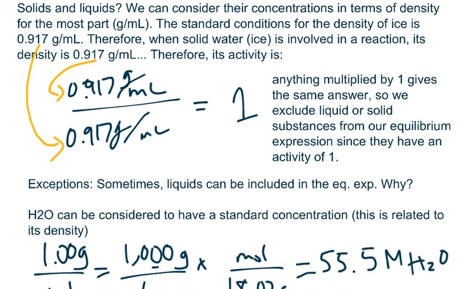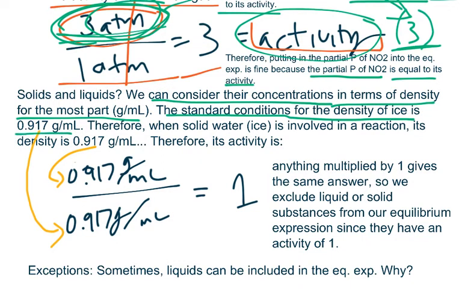Well, we can consider the concentrations of solids and liquids in terms of density for the most part. The standard condition for the density of ice, which is a solid, is 0.917 grams per milliliter, because normally, under standard conditions, the density of ice is this.